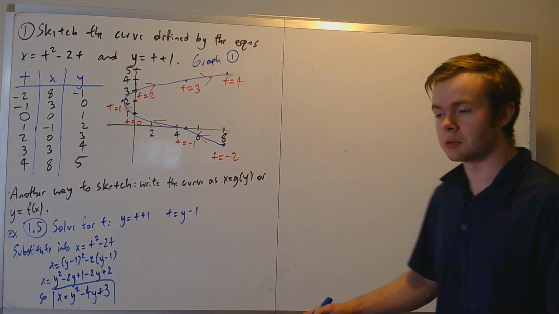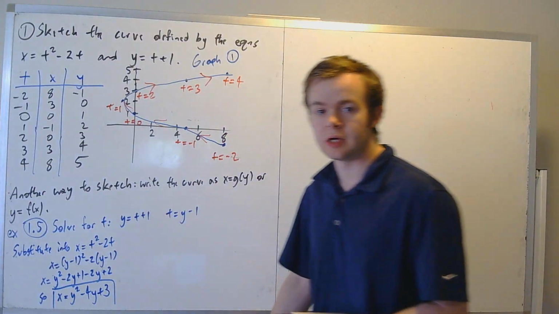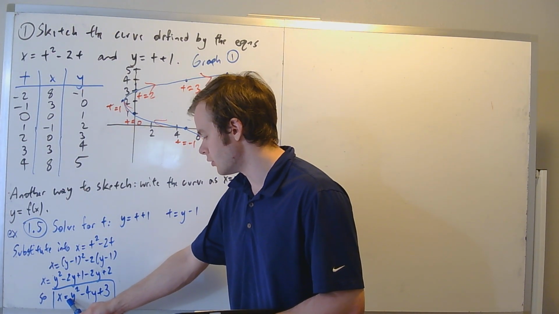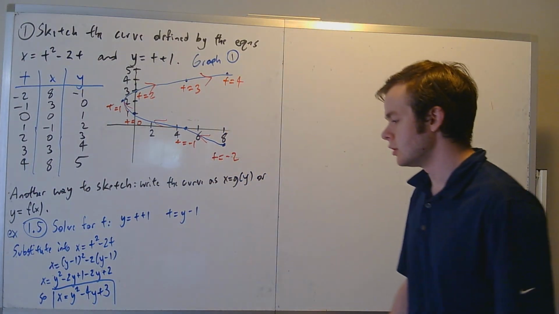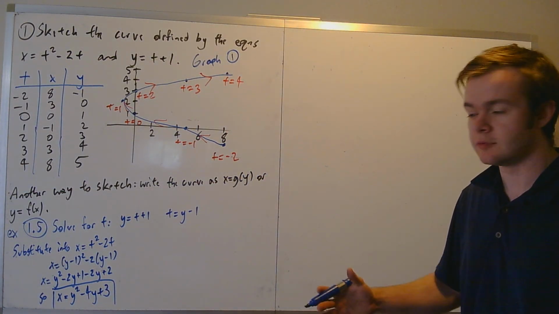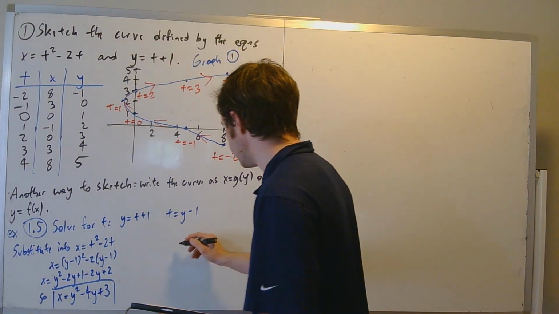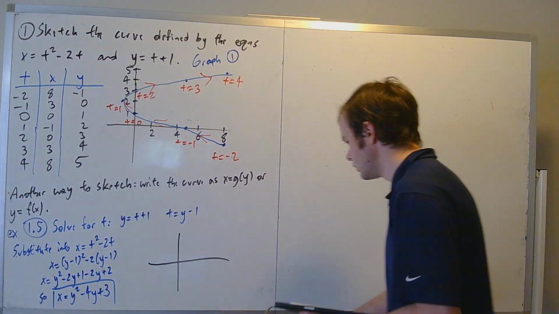And notice that's a parabola, but the parabola is in terms of y, meaning it's a parabola that's going to open in the positive y direction, right? So the coefficient on y squared is positive, so it's going to open in the, sorry, what I meant to say is the positive x direction. That's what I meant to say. So I'll kind of fumble the words there, but let's draw what I meant.